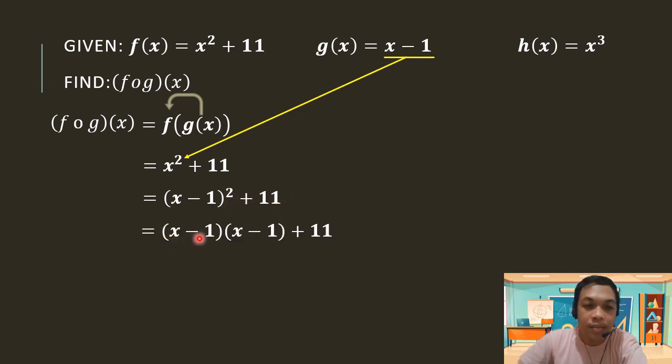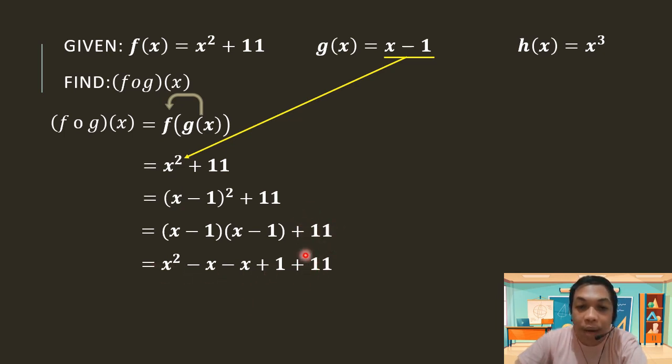So that is x minus 1 times x minus 1 plus 11. x times x is x squared, x times negative 1 is negative x, negative 1 times x is negative x, and negative 1 times negative 1 is positive 1. And then plus 11, don't forget.